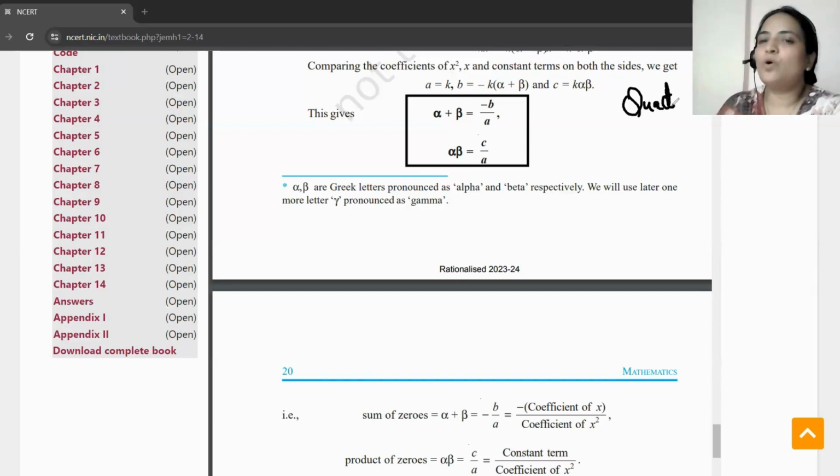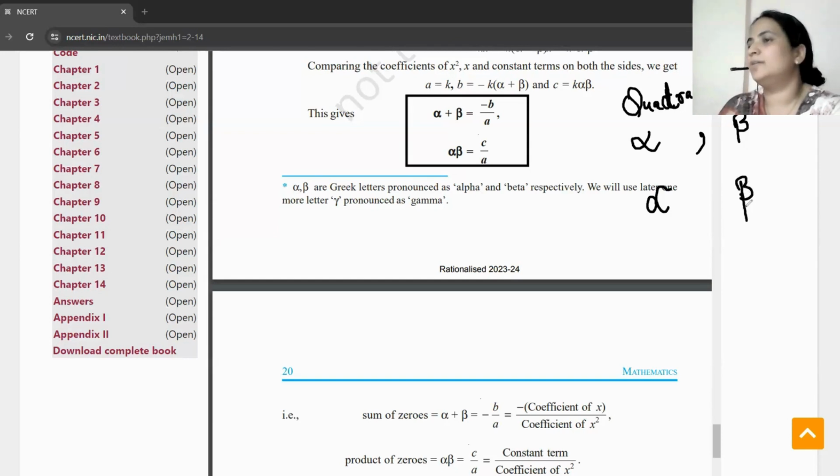When you talk about quadratic polynomials, I say there are two zeros of it, right? One zero is called alpha and the second zero is called beta. So it's like this A only extended a little, like this B only extended a little.